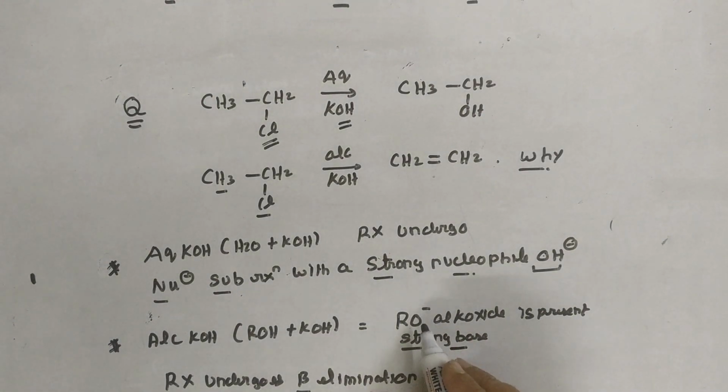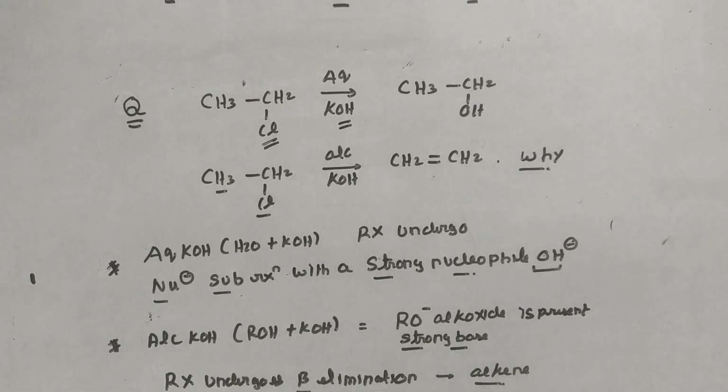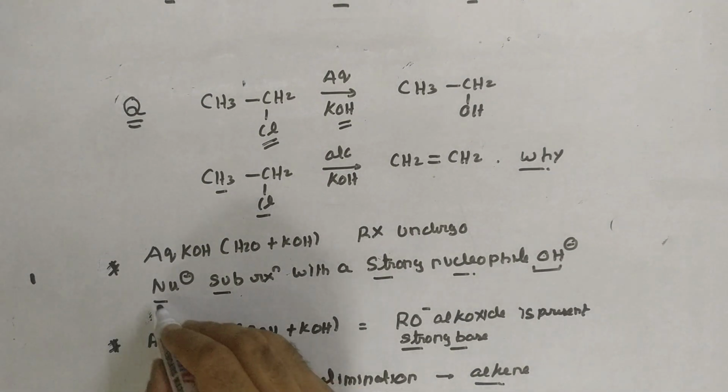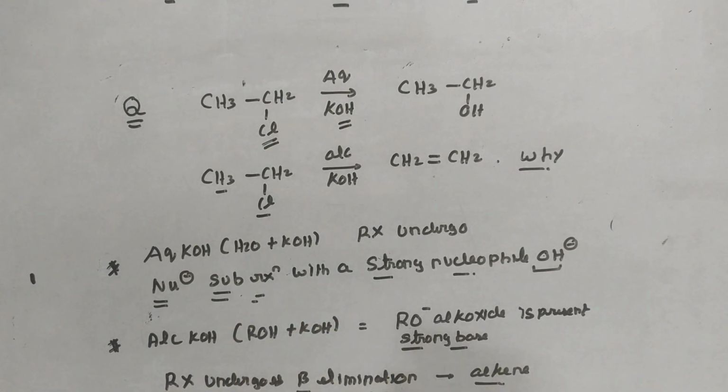Because the strong base is there, it favors the elimination reaction and you get the formation of an alkene. So in these two reactions the mechanism is different. In the first one, since a strong nucleophile OH minus is present, a nucleophilic substitution reaction happens. With alcoholic KOH, we have a very strong base RO minus coming from alcohol, and the strong base causes a beta elimination reaction.